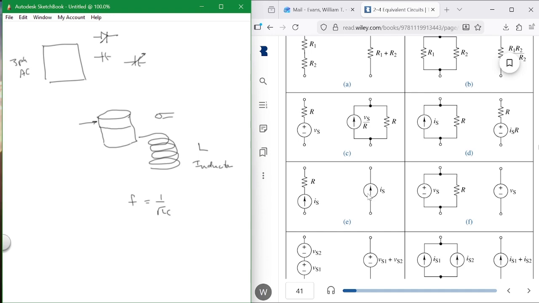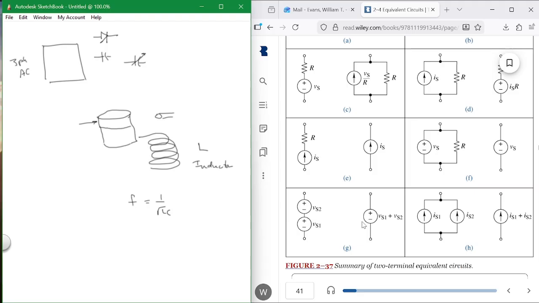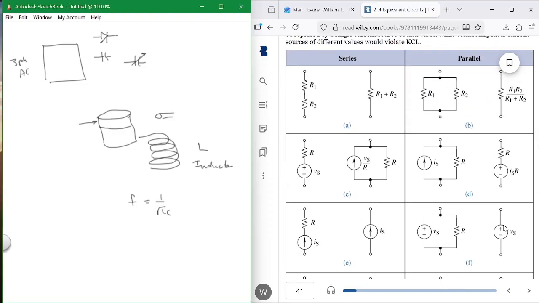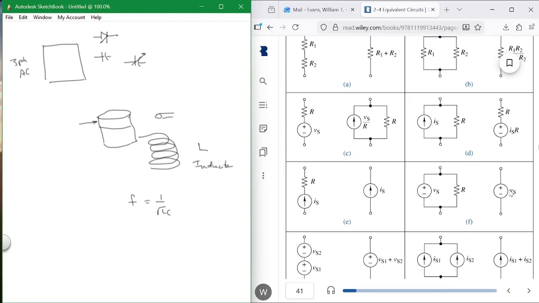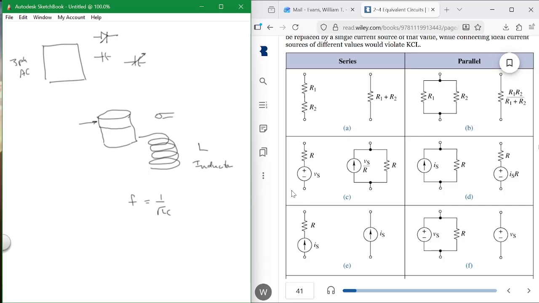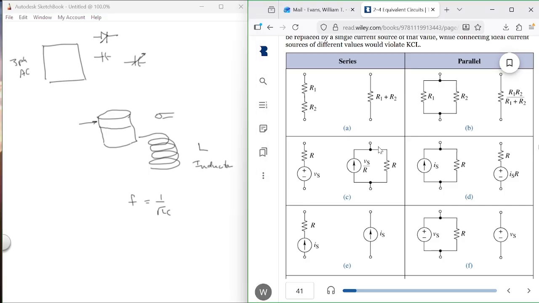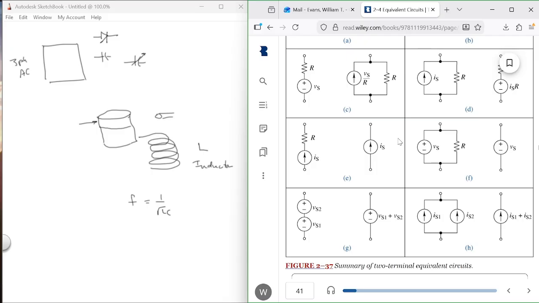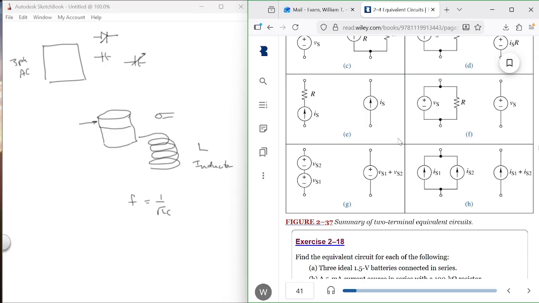So this is the same as this. This is the same as this. This is the same as this. This is the same as this. So again, if you've not got this in your head, you should review. But this is something that we're going to take as a given, and you can flip back and forth anytime.